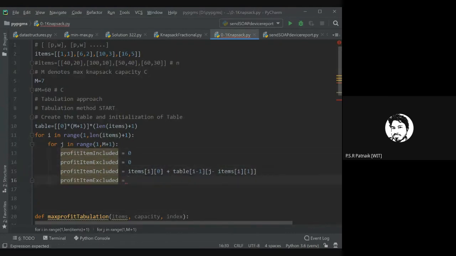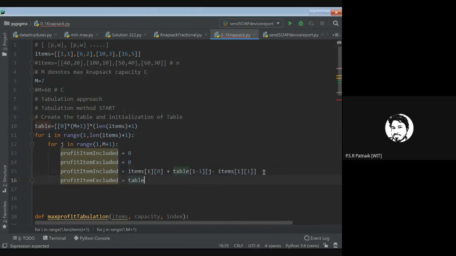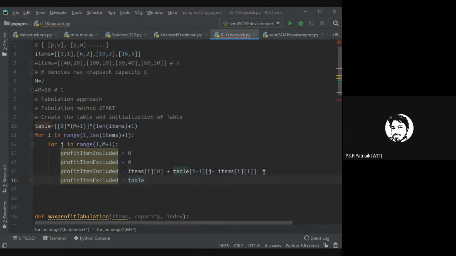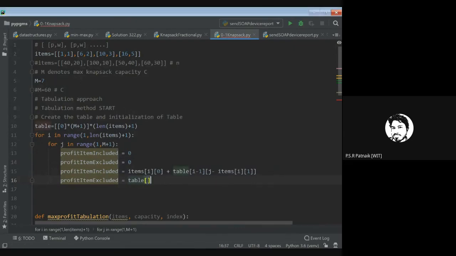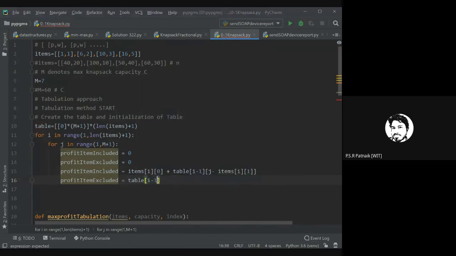Okay, how do you calculate excluded? If you do not include this, then it would be table, exactly the same table, but previous row and capacity remains the same. In the previous row, what was the maximum profit at that capacity when I excluded that element? So this includes the previous value.